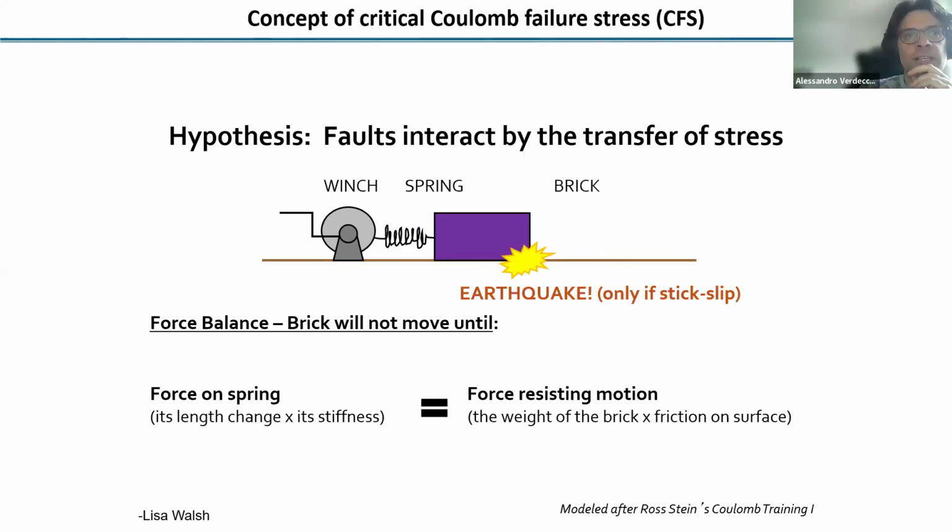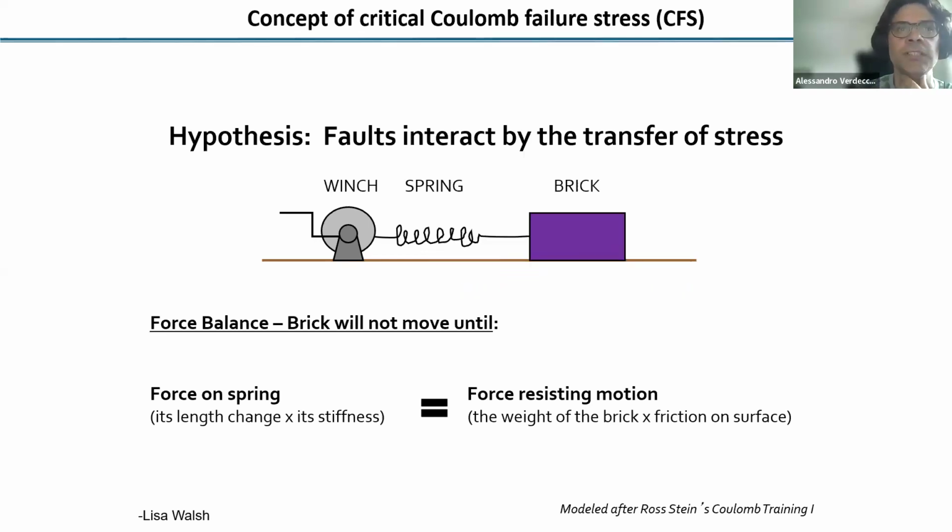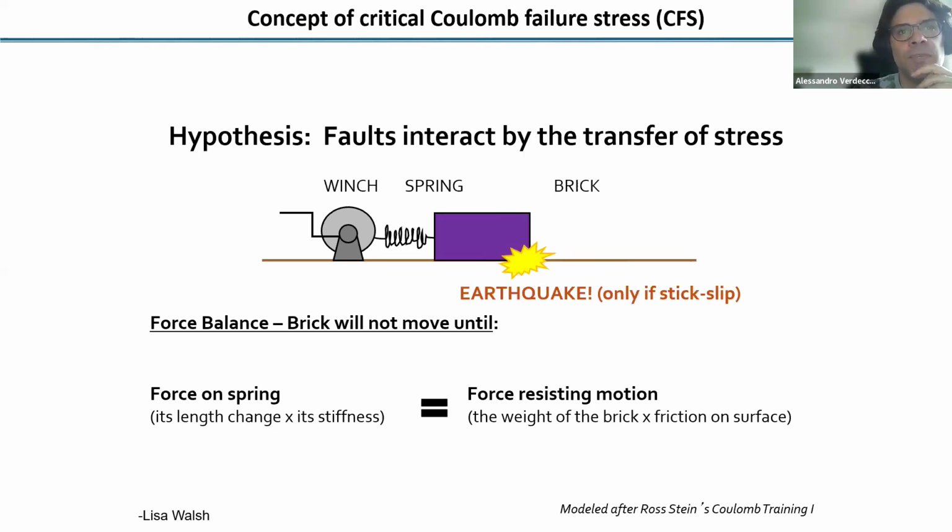So basically we activate the winch and the spring loads the surface, our fault, and at a certain point our brick is going to move and create our stick-slip, as experimental geophysicists like to call it, and our earthquake.